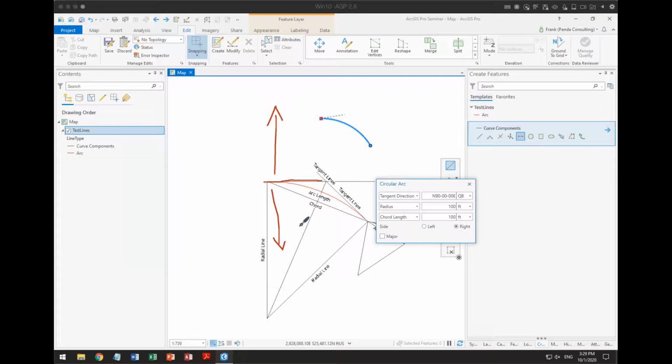So they need to know this to figure out, well, where do I put the radius point? Do I put it on the right side or do I put it on my left side? And that really is what that means, which side of the line where I'm going to be going forward do I put the radius point.